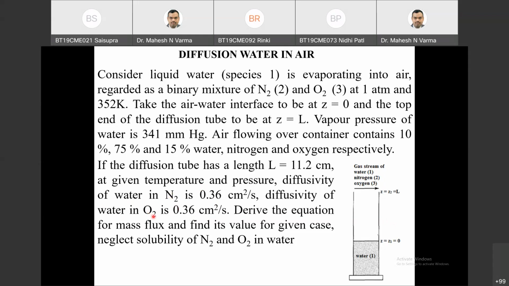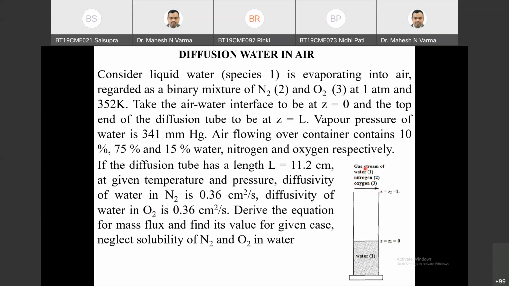For mass transfer of water, nitrogen and oxygen are the same. There is no difference at all, whether I am studying mass transfer of water in nitrogen or in oxygen. So I can take the mixture of nitrogen and oxygen as species 2 and water as species 1 and solve the problem.